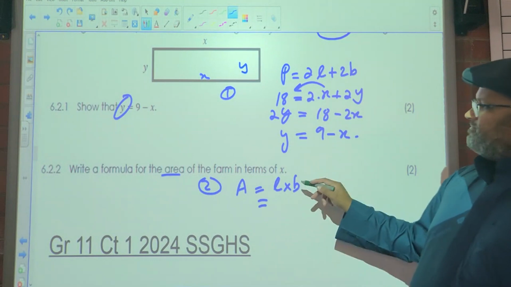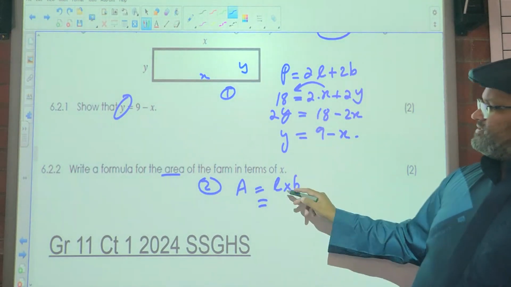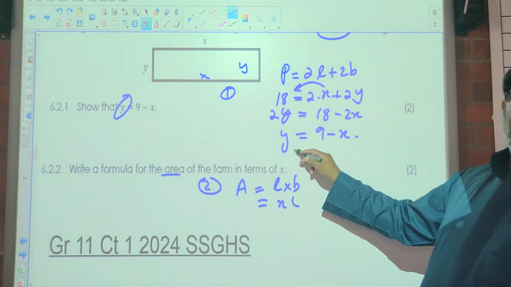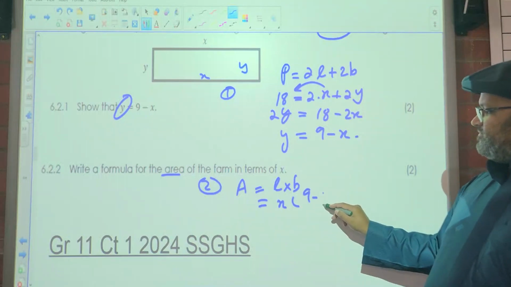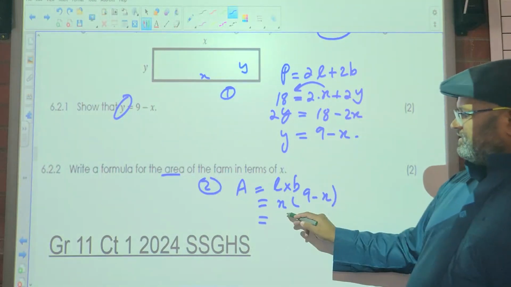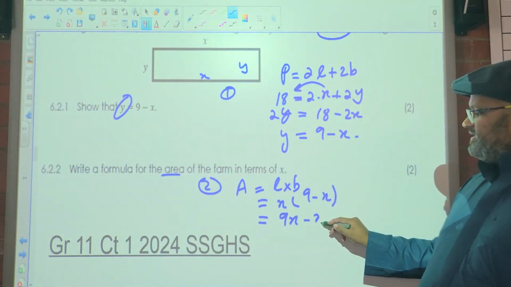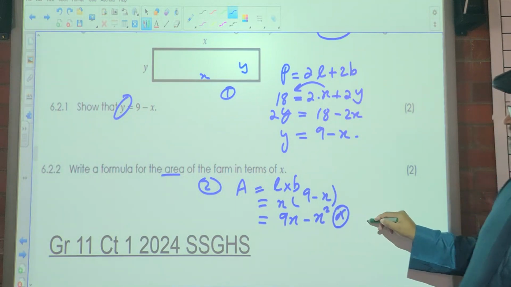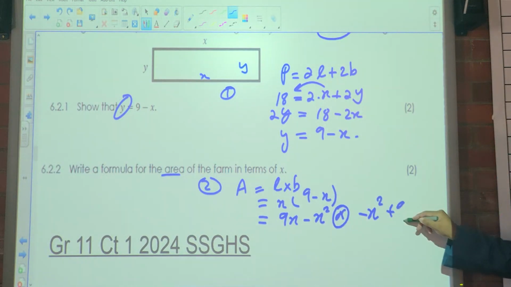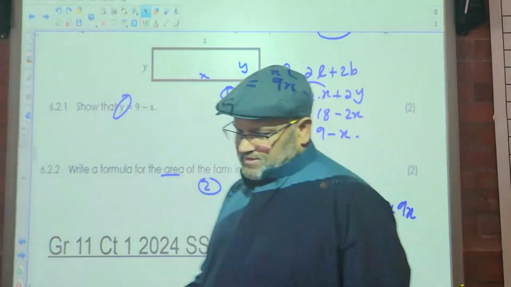Then the question says, write the formula for the area. How do you calculate the area? So what's the length? x, and the breadth of course is y, which is 9 minus x. Get rid of the bracket, so it's going to be 9x minus x squared.